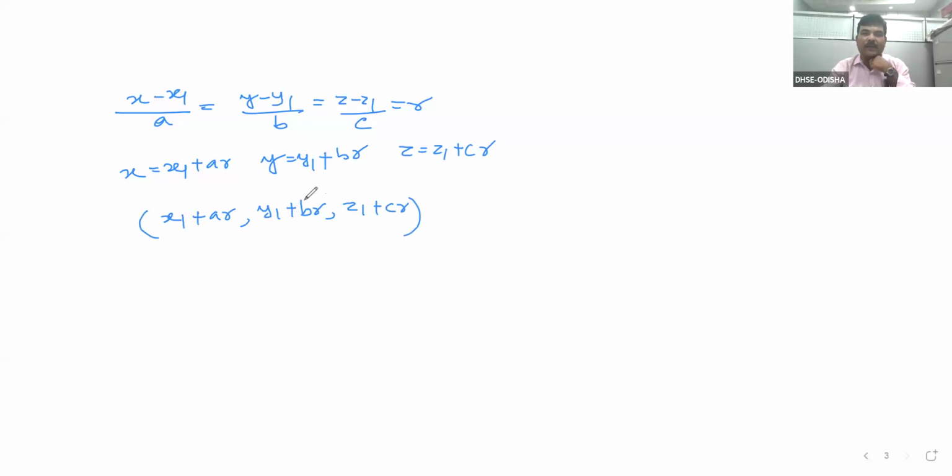Then write the equation of line in point DR form, vector method. Then come to vector method.